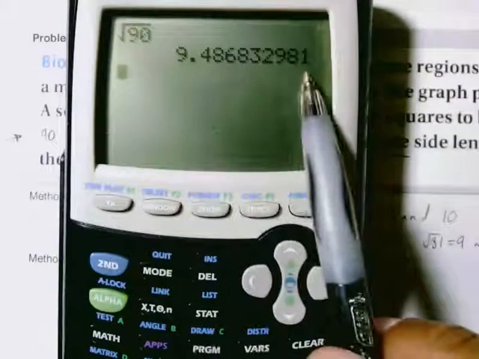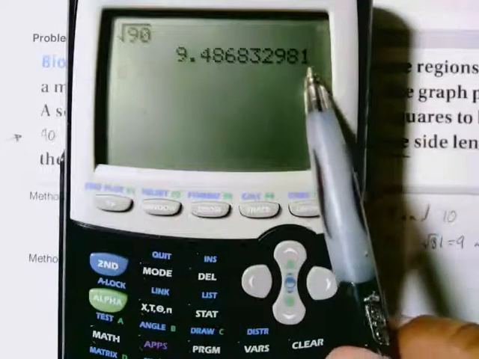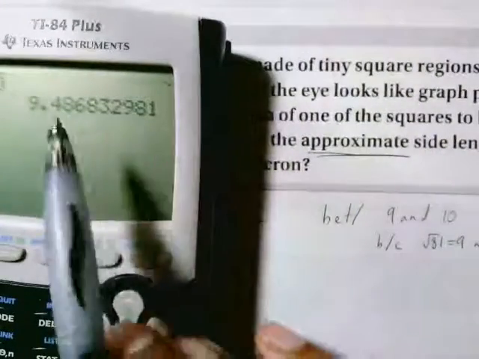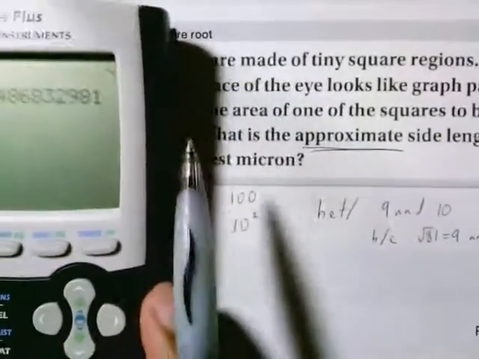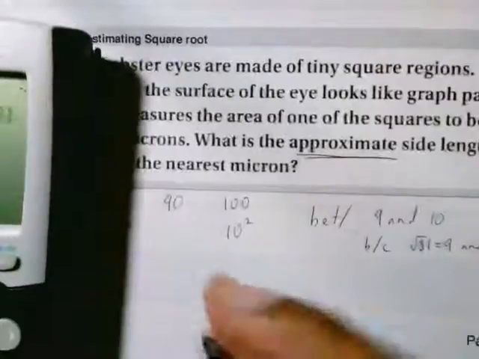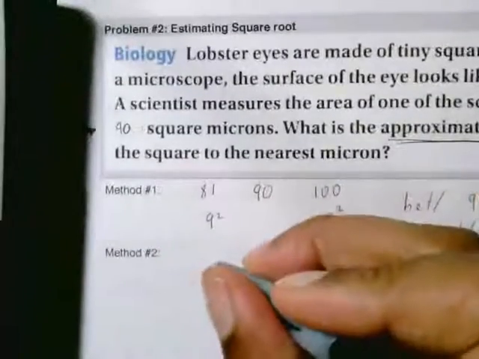That's a long number, a lot of digits to write down. As you know, this is going to be an irrational number. It's going to keep on going forever. So for today, I'm going to round to the nearest hundredths place. That's approximating. So 9.49 if I round.